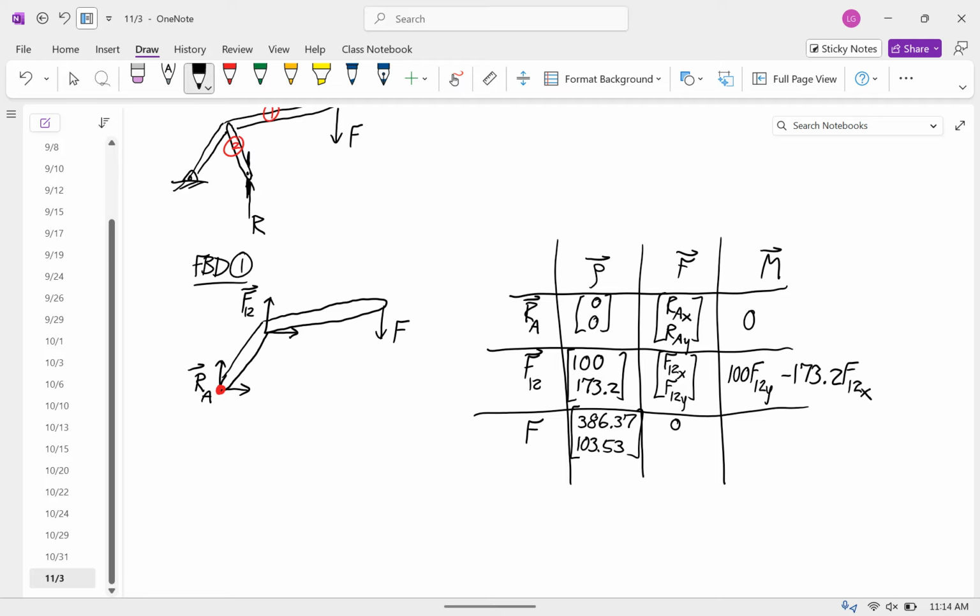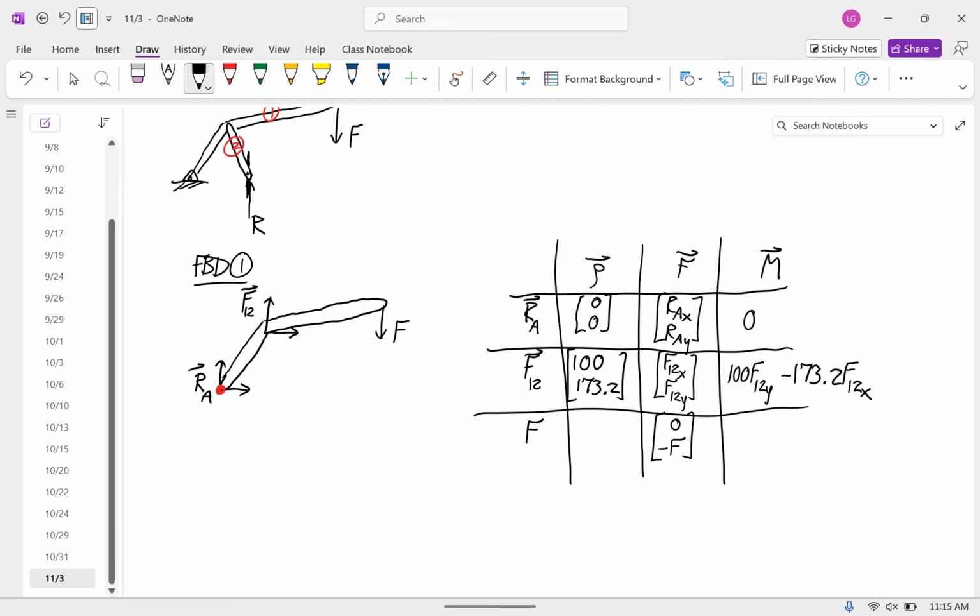Force vector is 0, negative F. We have to add that, because I didn't add it. You're right, that would be like 486 and then 276.